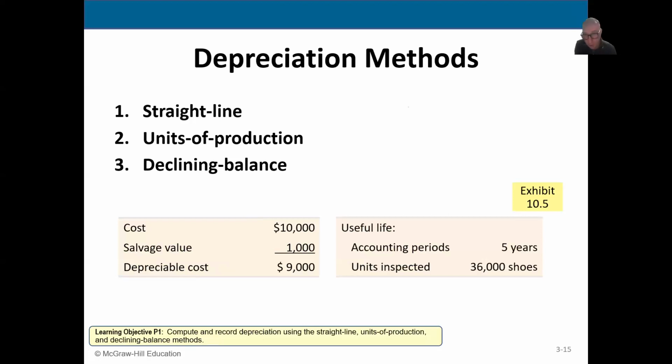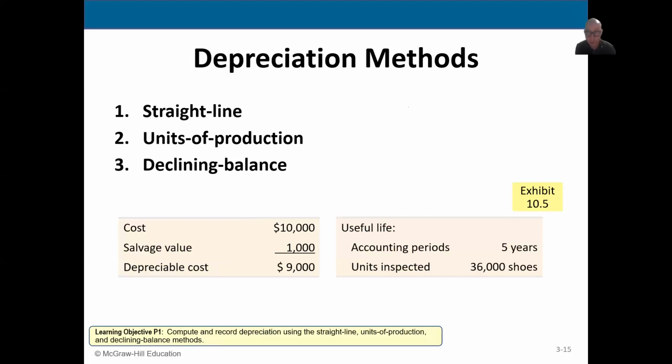Here's the information we have for it. The piece of machinery cost us $10,000. It has a salvage value of $1,000. So that means at the end of its useful life, I can scrap it for $1,000. That means I can depreciate a total of $9,000. So that's good information to know.